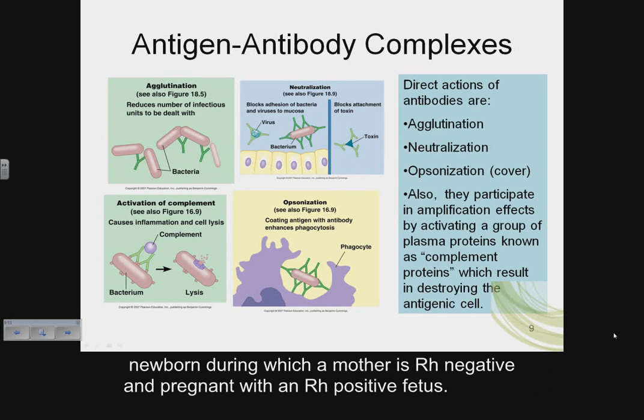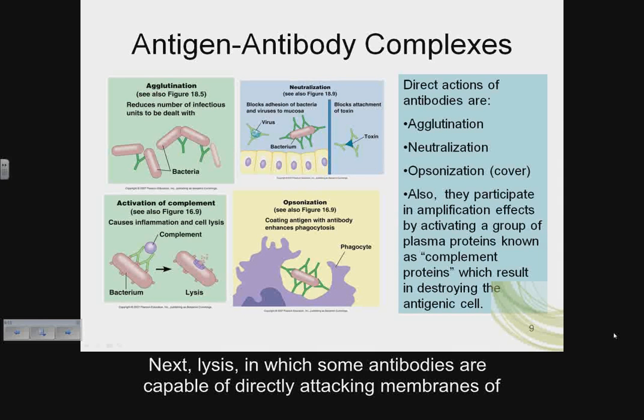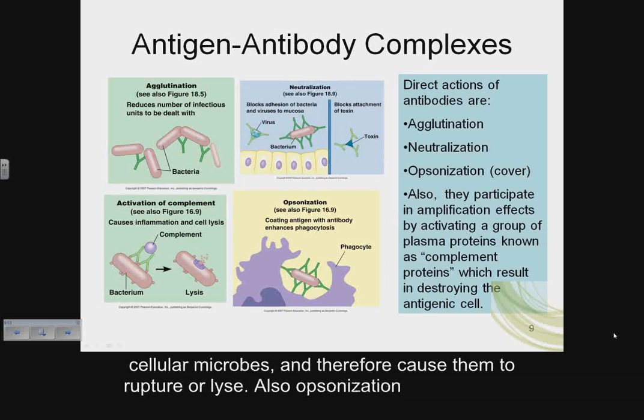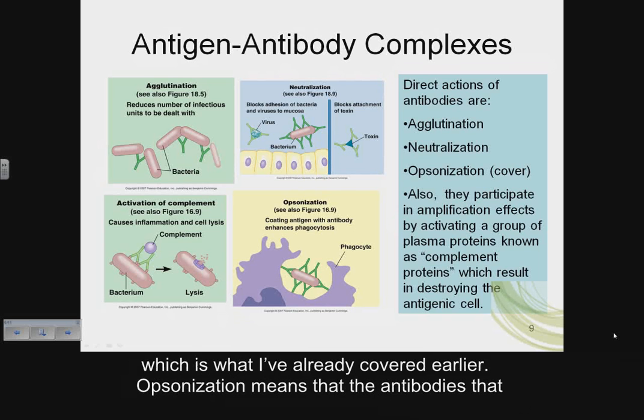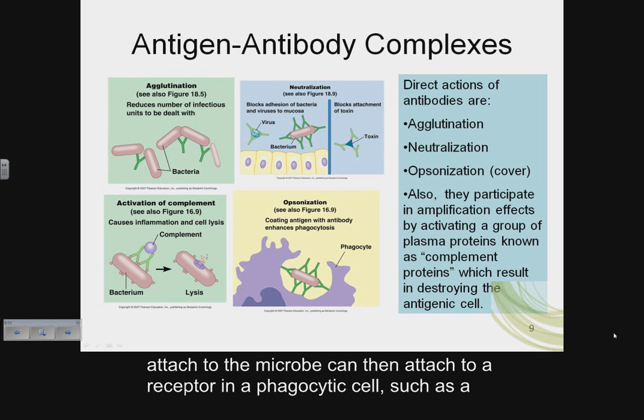Another way is through neutralization, in which the antibodies cover the toxic sites of the antigenic agent. Neutralization will be important when we talk about hemolytic disease in the newborn, during which a mother is Rh negative and pregnant with an Rh positive fetus. Next, lysis, in which some antibodies are capable of directly attacking membranes of cellular microbes and therefore cause them to rupture or lyse. Also, opsonization, which is what I've already covered earlier.